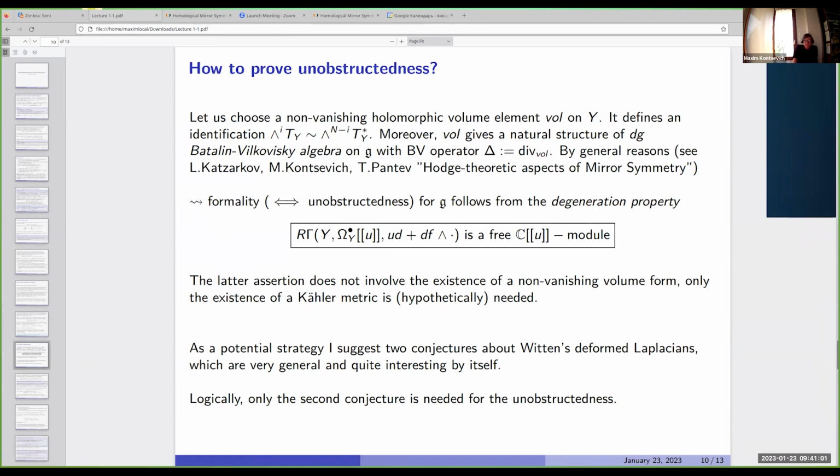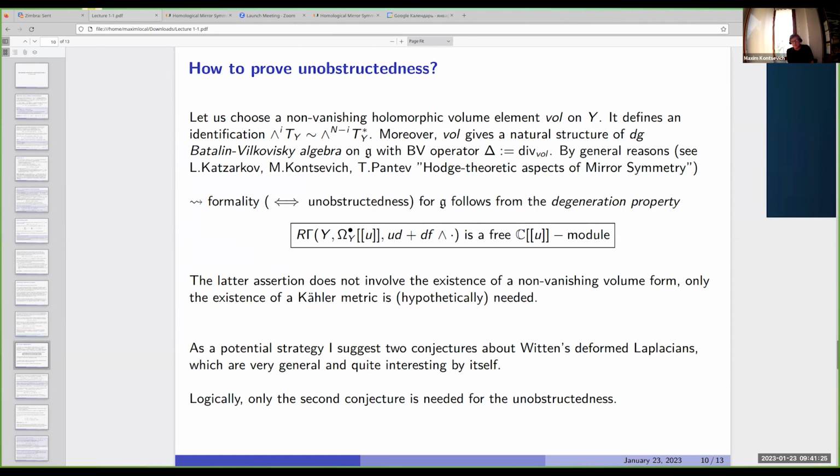You consider the sheaf of complexes on Y given by formal power series, with an auxiliary variable u, with coefficients in forms. Here we use the identification of polyvector fields and forms, and this differential is given by a small deformation of multiplication by df, plus u times the de Rham differential.